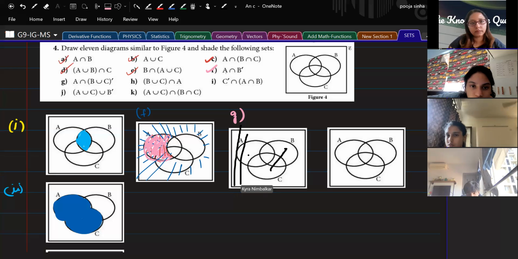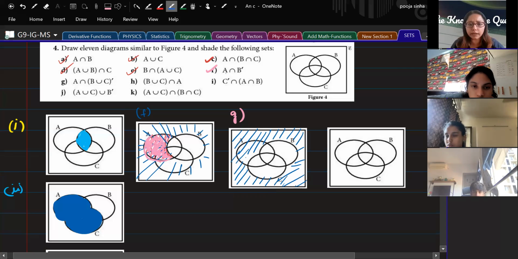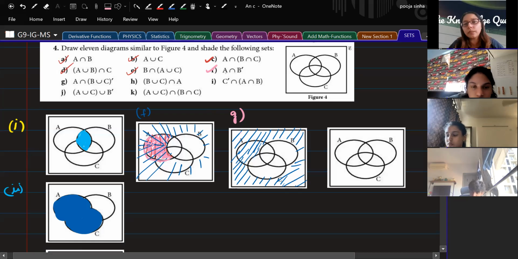Yeah, so you have highlighted this entire thing, but without the B. So we have highlighted even the A part. Then it says the intersection of that highlighting that you've done with A. So you have done B union C complement, right?